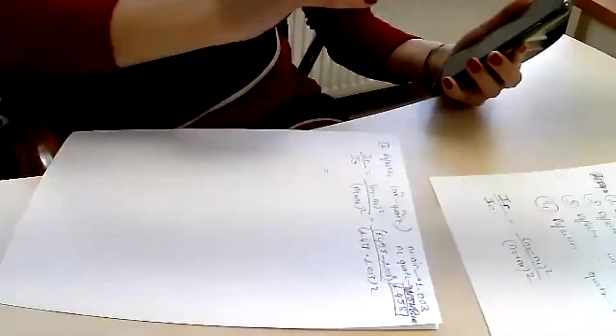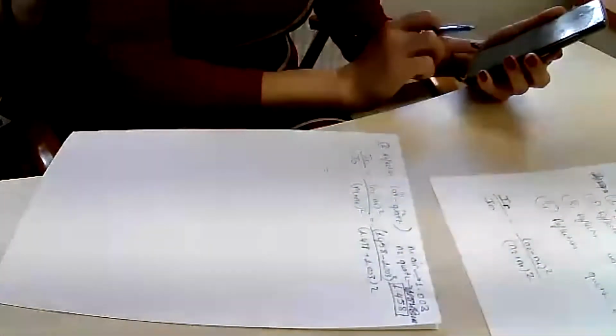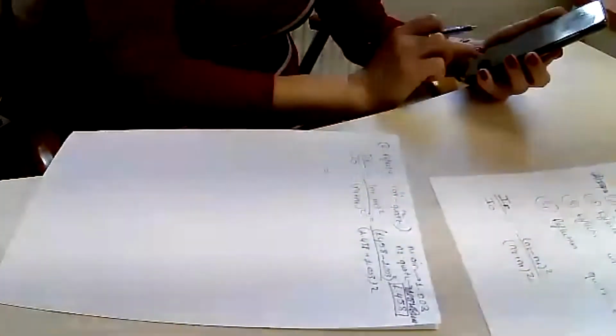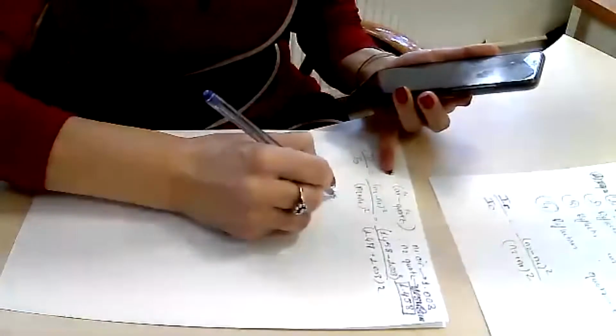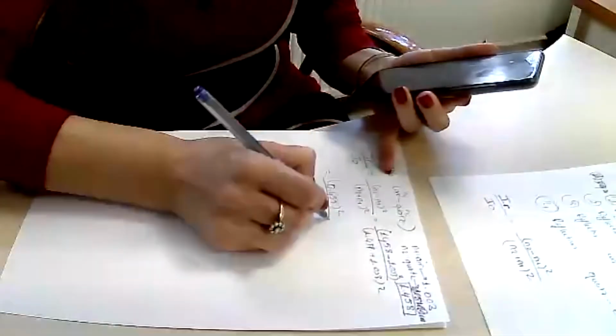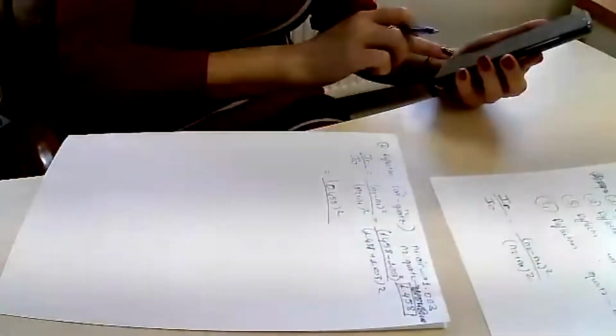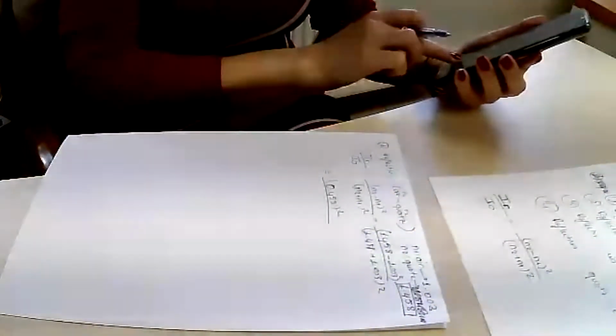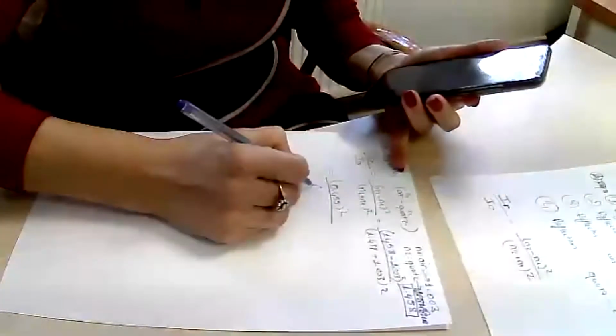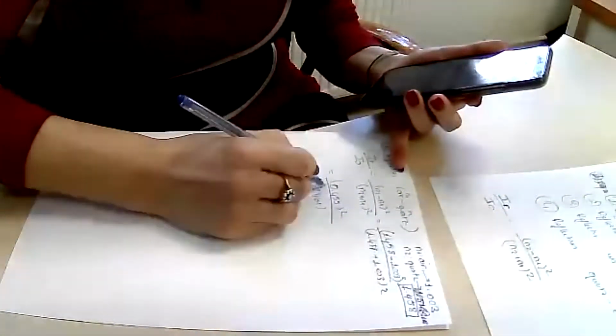Here, this calculation. So 0.405 squared and 246 squared.